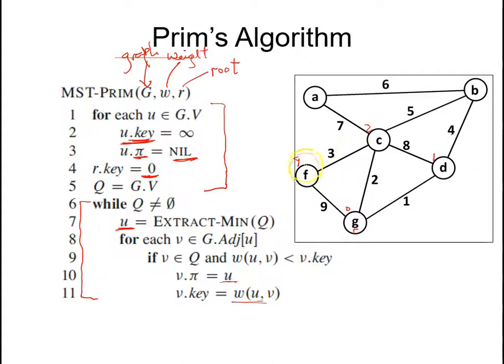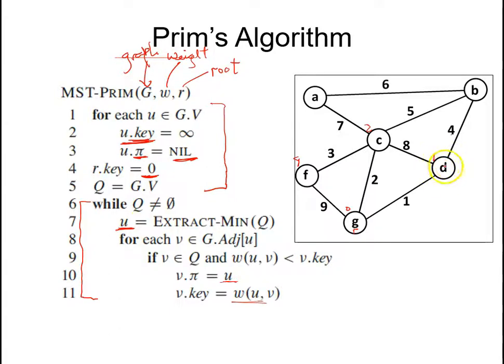The key values are 9, 2, and 1. Also for these other vertices, the key values would be infinite. Okay? And a priority queue, okay, we're talking about a min priority queue. Extract min means we're going to extract the vertex with the minimum key value, which is this, since it has the minimum key value. So now U becomes this node.